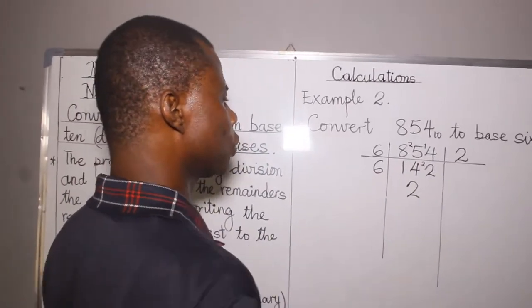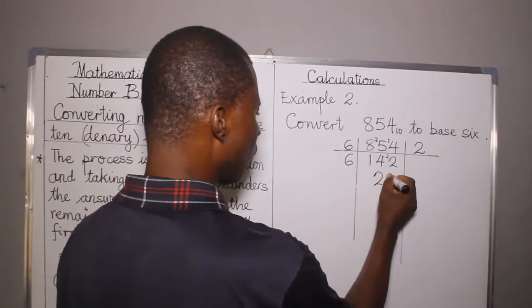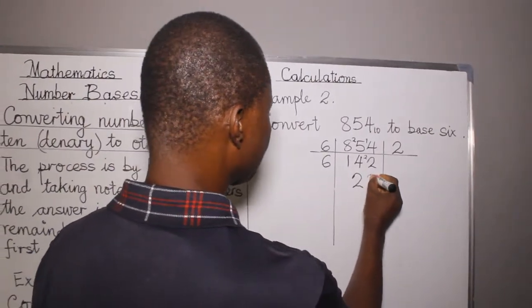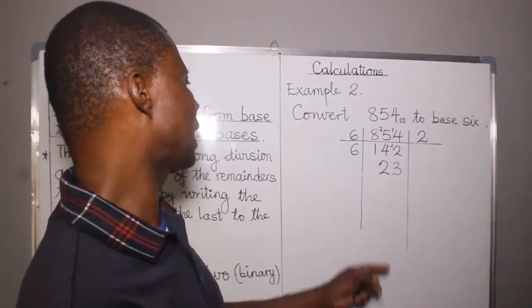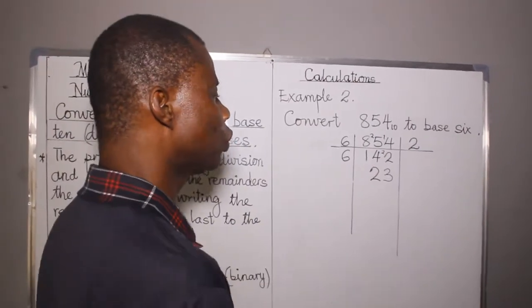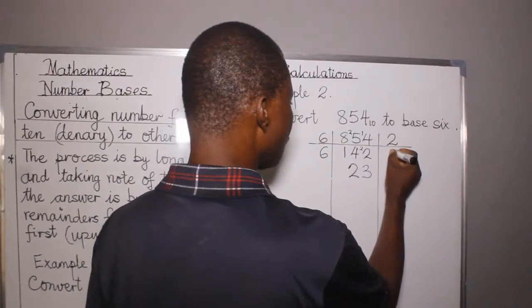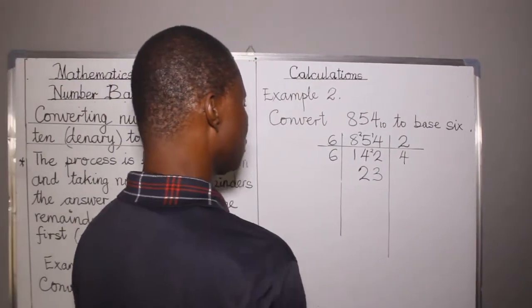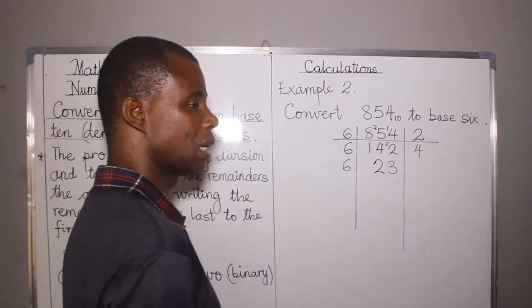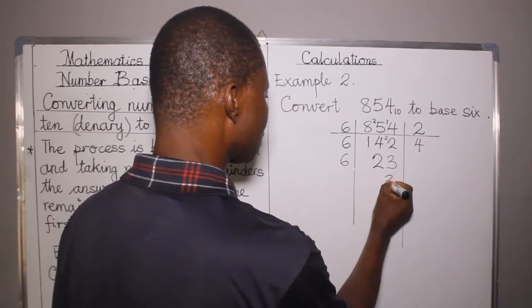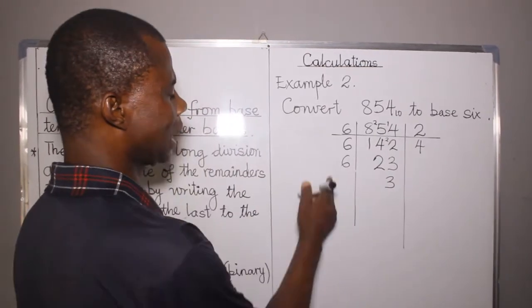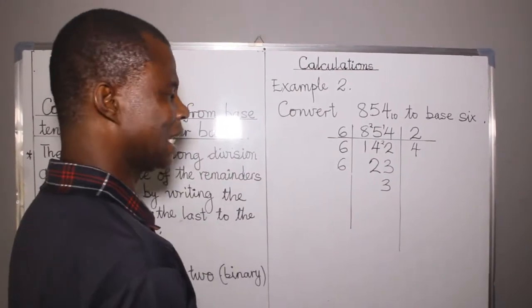Bring the 2 here, this becomes 22. 6 in 22, that is 3. 3 times 6, 18. Take 18 from 22. You are left with 4, remainder 4. Continue with your 6. 6 here, how many times? 3. 3 times 6, 18.